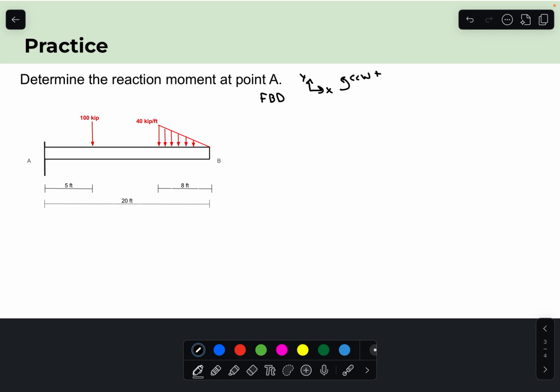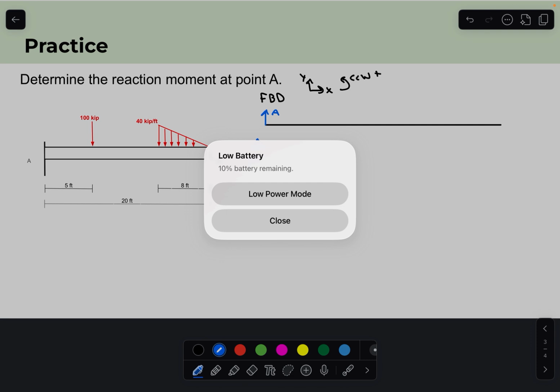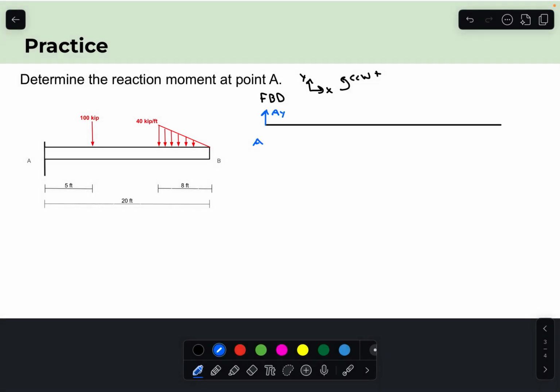Now, when it comes to actually drawing the free body diagram, it's pointless to draw a rectangle. You can get all the information you need by just drawing a line for a beam. If you notice on the diagram, the beam is cantilevered at point A. So this is point A. That means we are going to have a reaction force in the y direction, AY, and a reaction force in the x direction, AX.